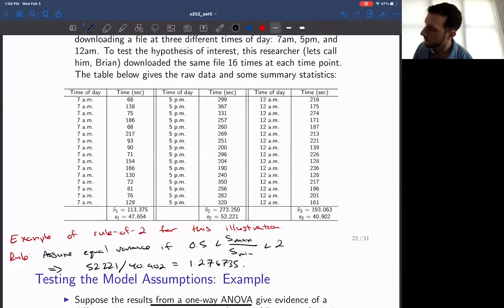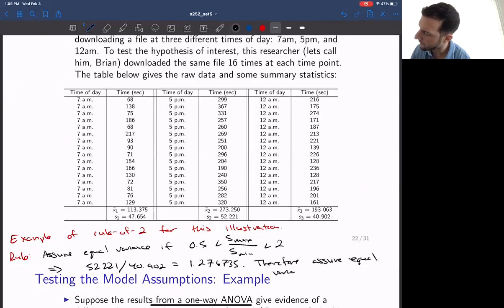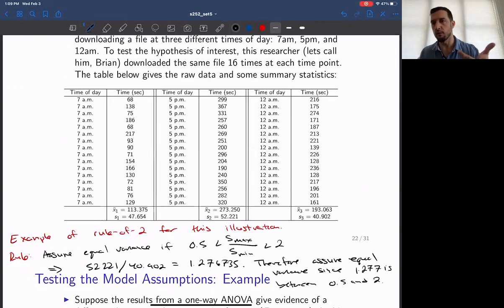So therefore, assume equal variance since 1.277 is between 0.5 and 2. Okay, so that's the rule of 2.